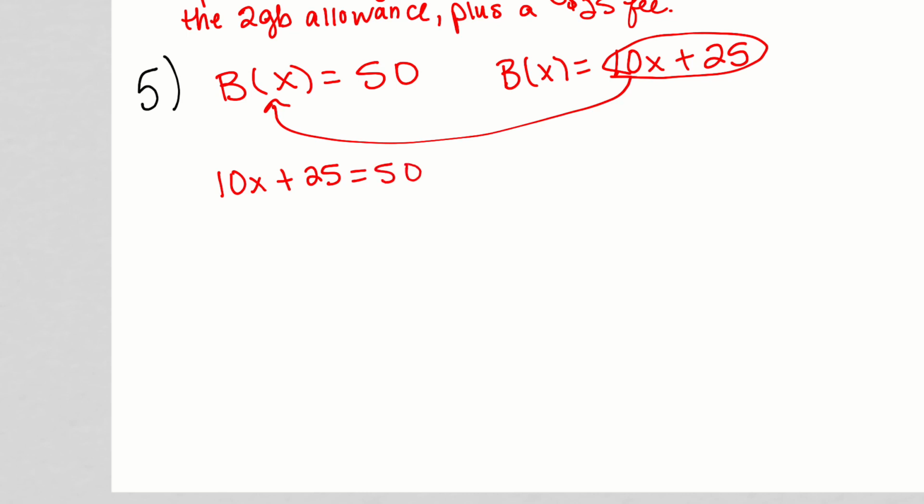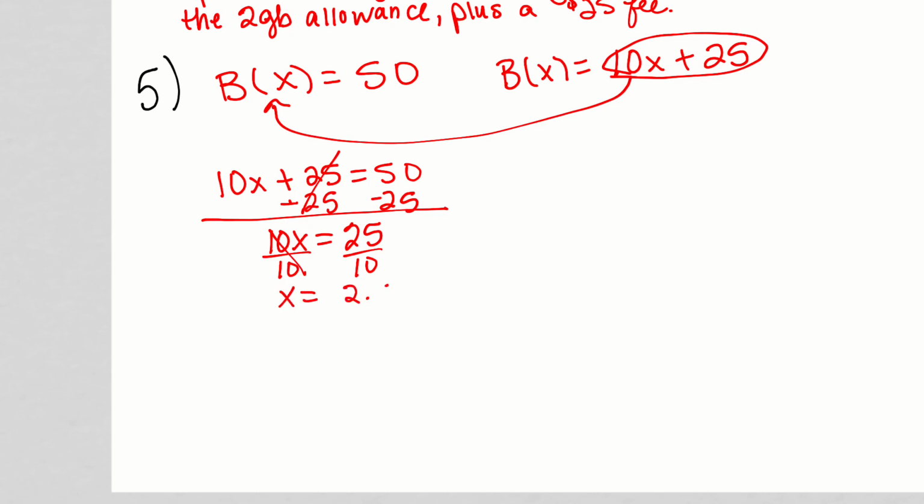Our next step is going to be to subtract 25 from both sides, to get rid of the 25 on the left, because we're going to isolate the x. We will get 10x equals 50 minus 25 is 25. Then we are going to divide by 10. And x equals 2.5. So 2.5 gigabytes over the allowance.